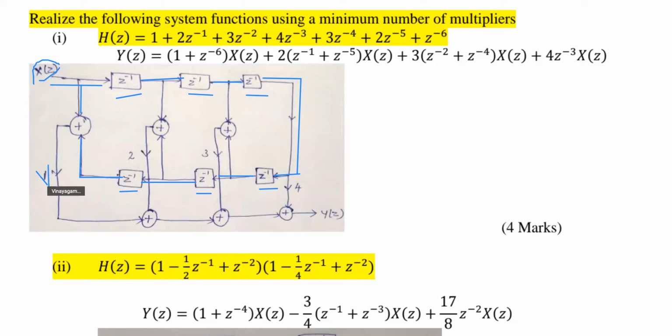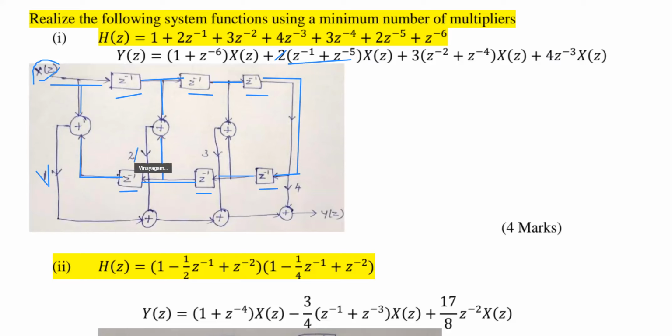Similarly for the next, z^-1 plus z^-5: z^-1 is here, and z^-5 is here, and both are given to this adder. The coefficient here is 2, and I have put it here.